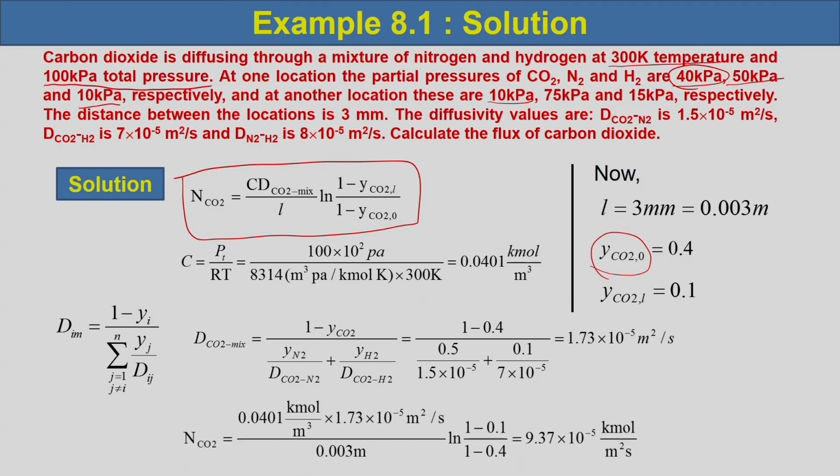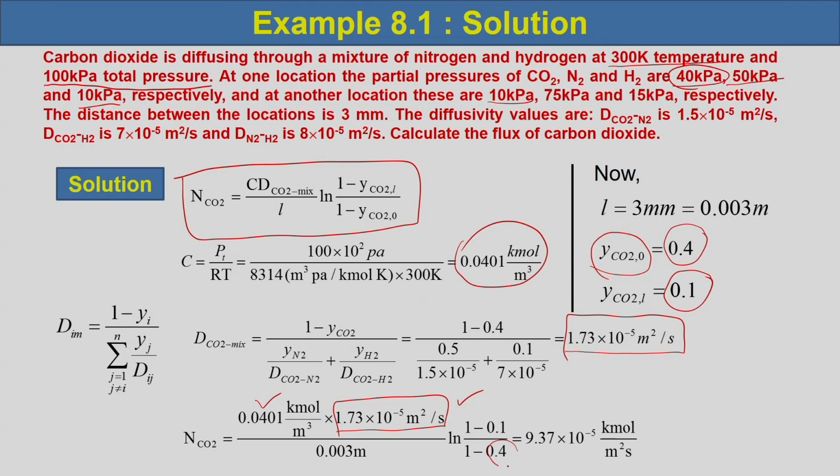We can get C, which we have calculated as 0.0401 kilomole per meter cube, into D_CO2,mixture, which we have calculated as 1.73 × 10^-5 meter square per second, divided by the length, which is 0.003 meter, into ln of (1 − Y_CO2,L, which is 0.1) divided by (1 − Y_CO2 at 0, which is 0.4).